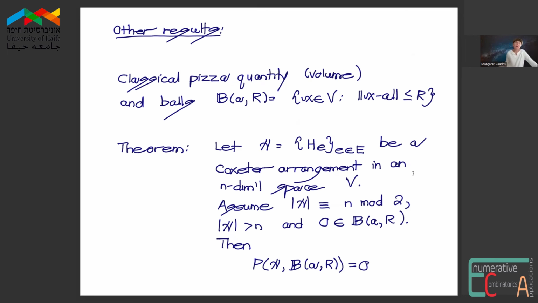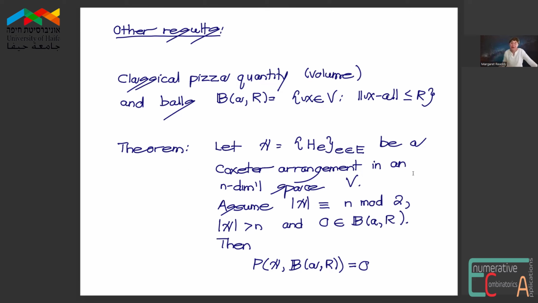Okay, other results. So let's go way, way, way back at the beginning, classical pizza quantity, volume, and let's look at the case of balls. That's going to be our set K. And if we have a Coxeter arrangement in n-dimensional space, let's assume, excuse me. I took the phone off the hook and then it's making noise.